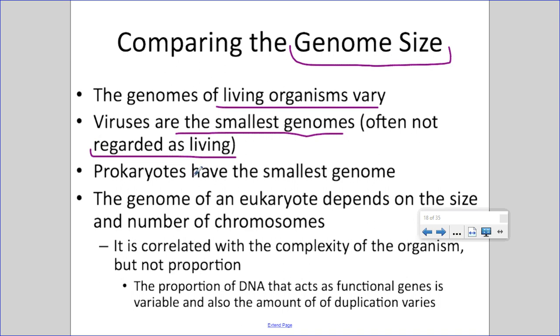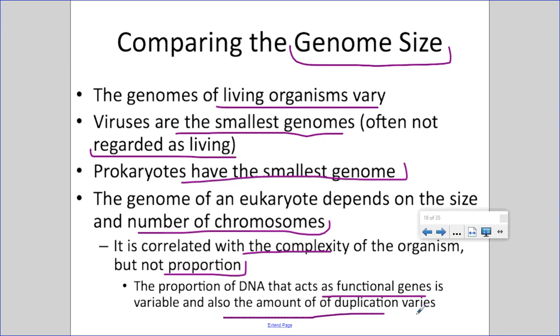Therefore, prokaryotes will have the smallest genomes. The genome of a eukaryote depends on the size and number of chromosomes. It is correlated with complexity, size and number of chromosomes, but not proportionally. The proportion of DNA that acts as functional genes is variable, and also the amount of duplication varies.